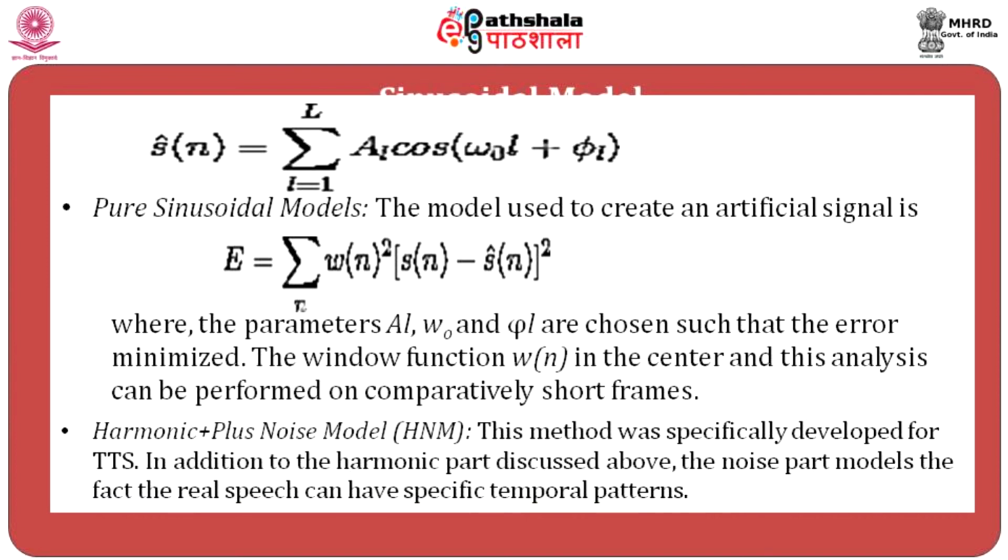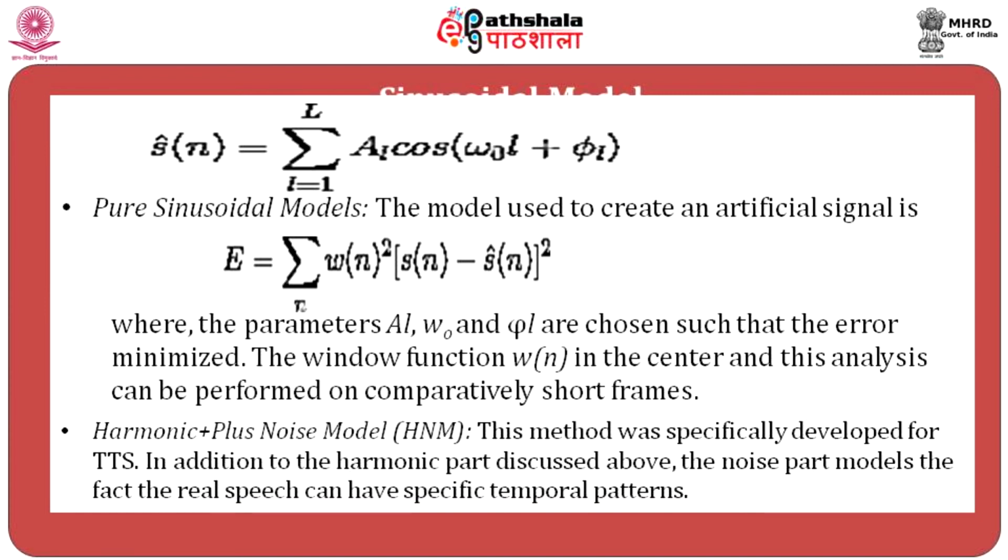It considers the summation of cosine curves, and you can see the formula for the summation, which is represented by S of n with a cap, equal to the summation over L equals 1 to capital L of A_L cosine of omega 0 L plus phi L. It is clear that A_L represents the amplitude, omega 0 represents the frequency, and phi represents the phase.